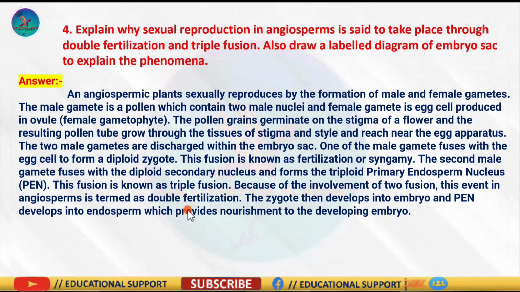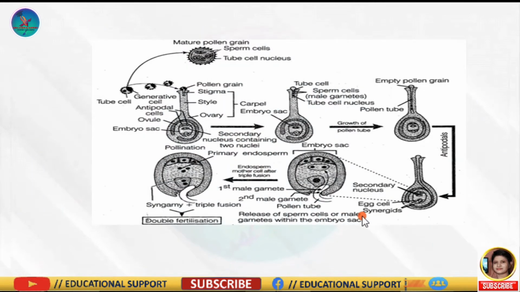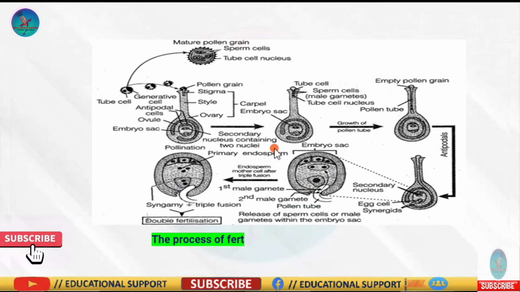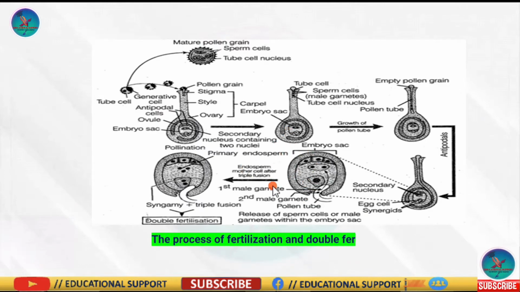The zygote then develops into the embryo and the PEN develops into endosperm, which provides nourishment to the developing embryo. This diagram represents the process of fertilization and double fertilization.